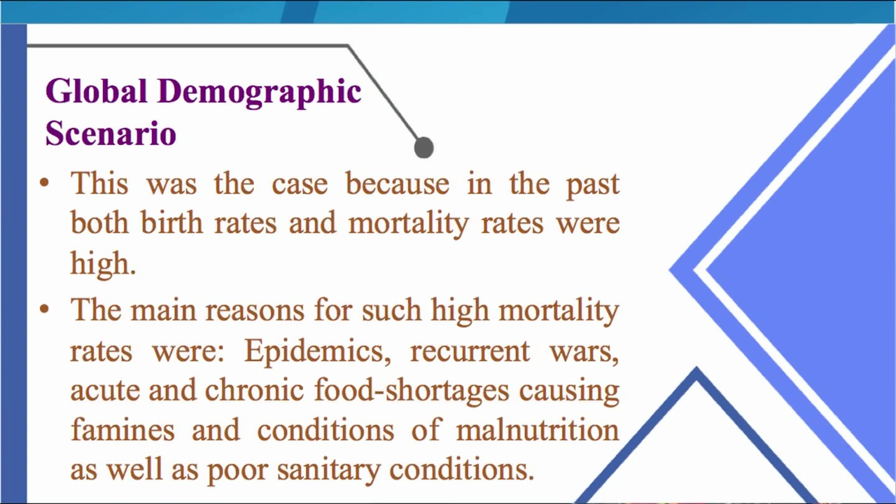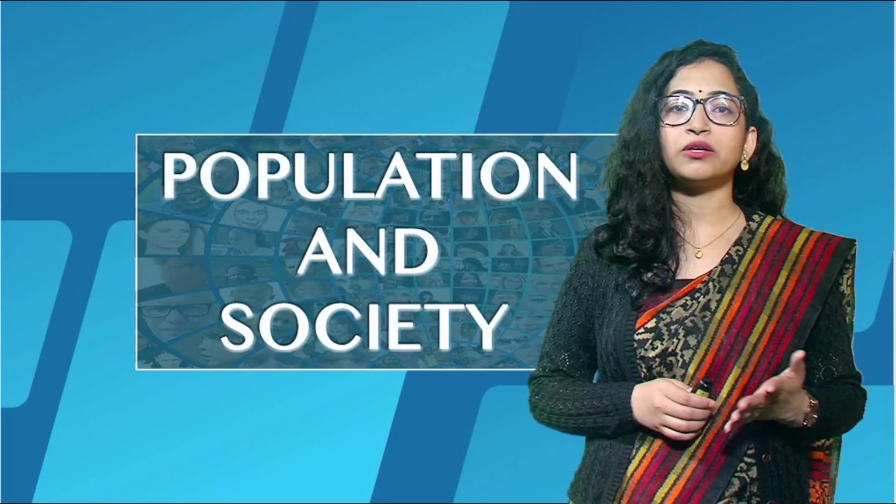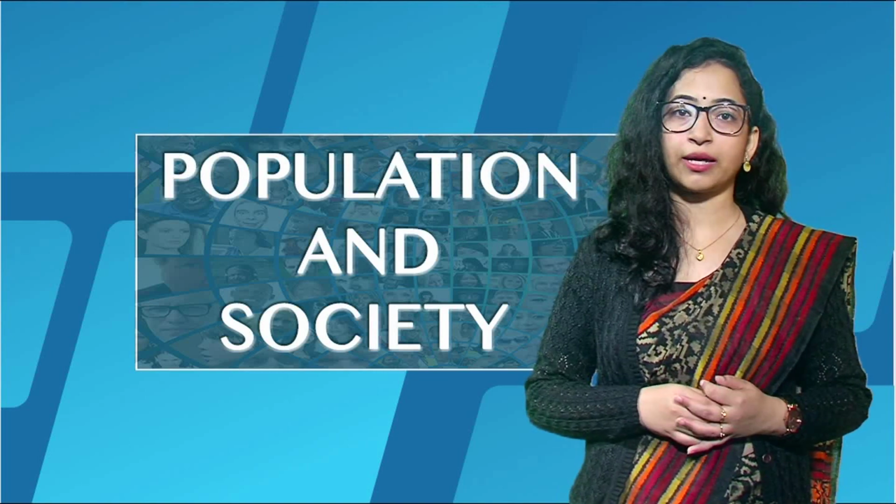The main reasons for such high mortality rates were factors like epidemics, recurrent wars, acute and chronic food shortages, and that food shortages cause famines and other conditions of malnutrition, as well as poor sanitary conditions. This describes the reality through most of our history.